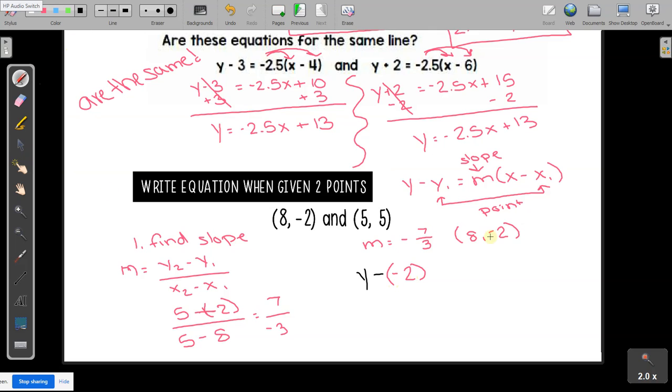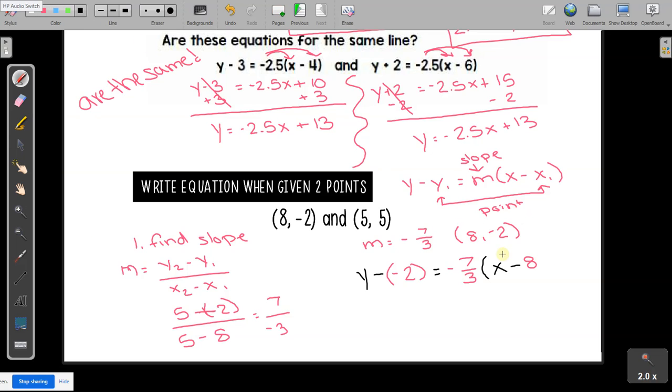And that's going to equal our slope, which we found out was negative 7/3 times x minus our x1. And our x1 is 8.